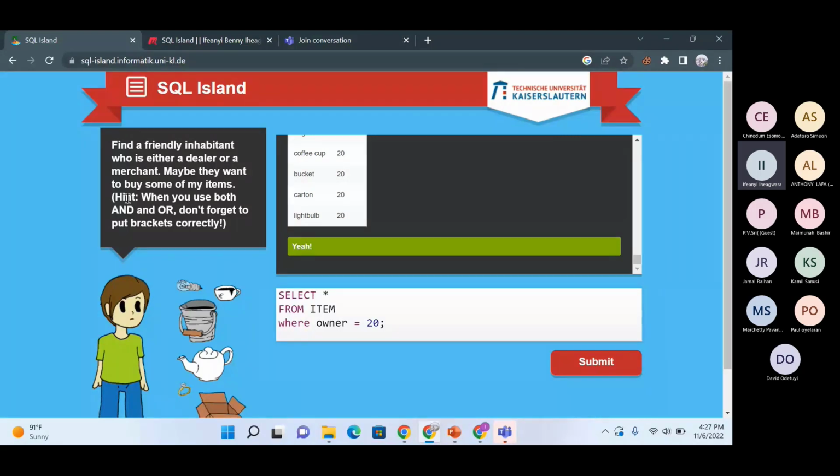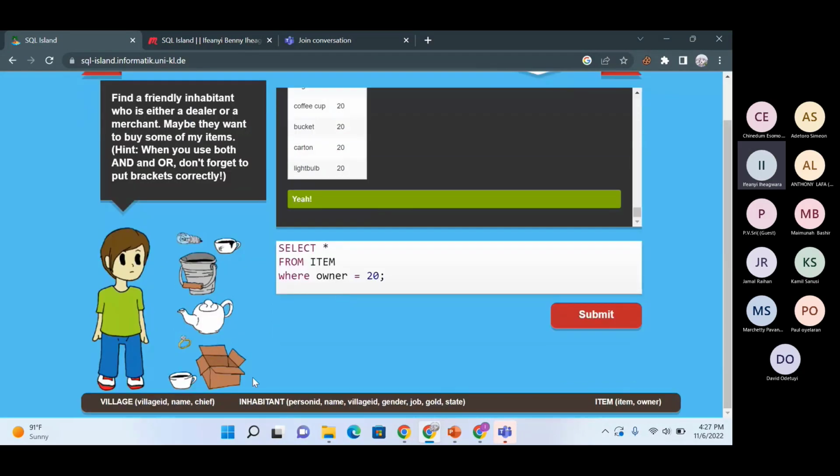But if I say I want a number that is greater than 20, or also less than 40, that means a number that's greater than 20 is allowed, even 50, even though it's not less than 40. But a number that is even 10 is allowed. As long as one of the conditions is true, the or is going to pick them up. So let's try to get the list of friendly inhabitants.